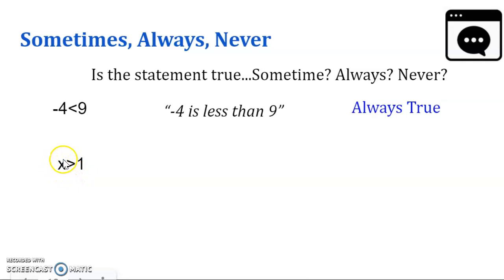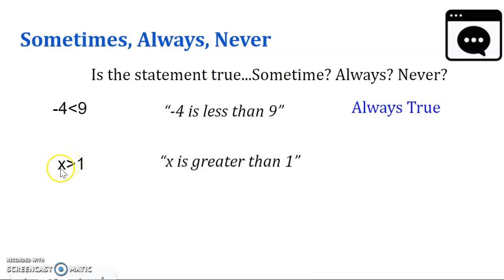What about x is greater than 1? Now we're introducing a variable x. You read it as x is greater than 1, and is it going to be always true, sometimes true, or never true? Well, sometimes x could be bigger than 1, like if x was 2, if x was 1.1, or if x was 100, it's going to be true sometimes.